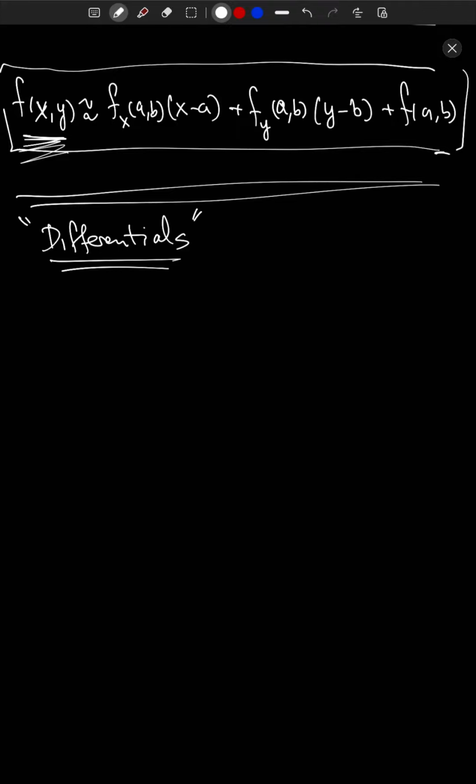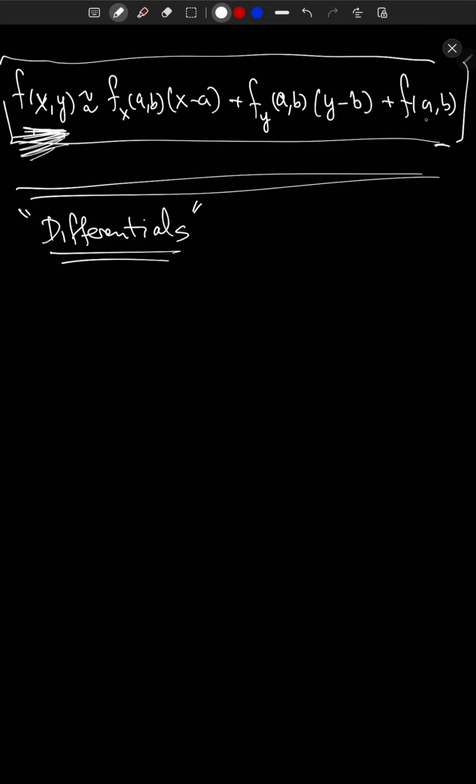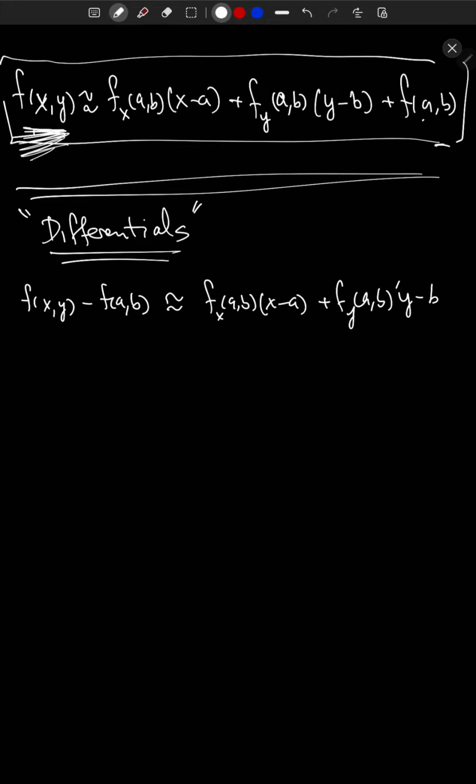And so if you think about this approximation here, if I throw this f of a, b to the left-hand side, f of x comma y minus f of a, b is approximately f sub x at a, b times x minus a plus f sub y at a, b times y minus b.